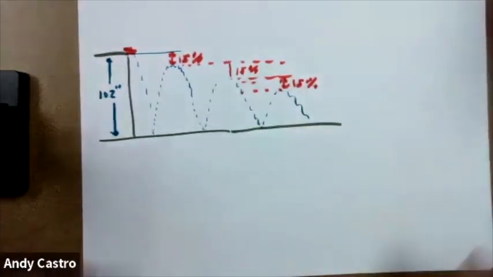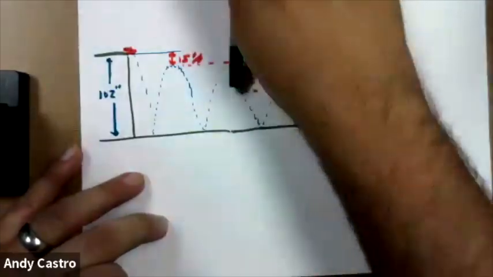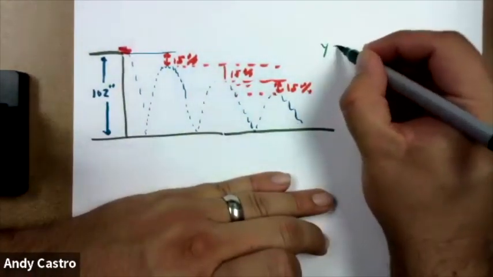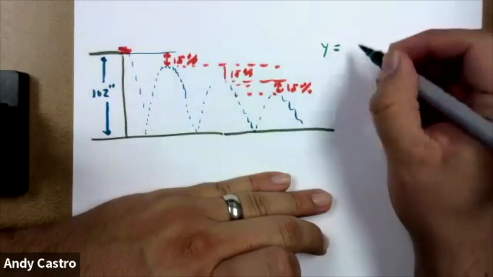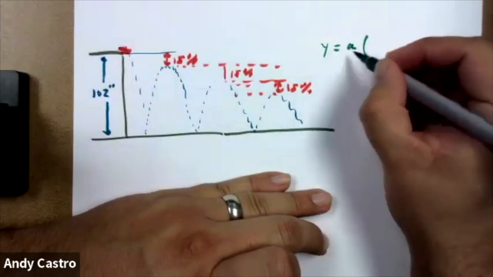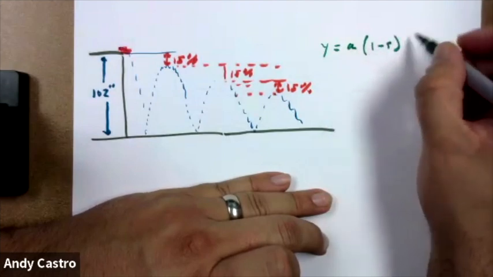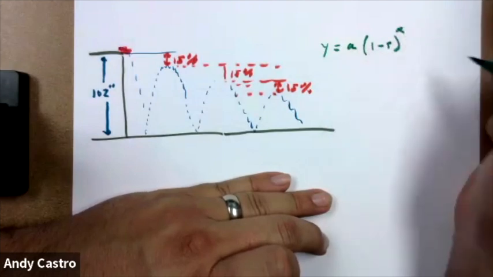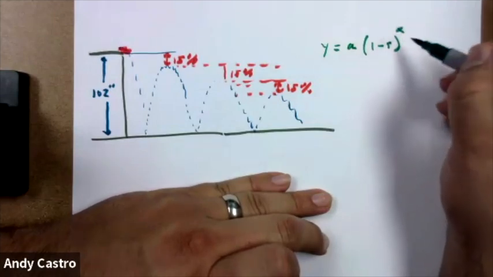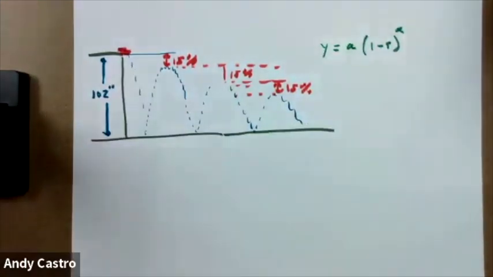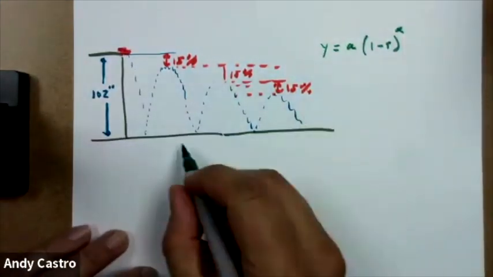So each bounce diminishes by 15%. So we're going to use our equation here, right? In this case, y is going to be our height, our initial height, and then 1 minus the rate at which it decreases, and then x is the number of times that happens. So they want to know what is the height on the fifth bounce.